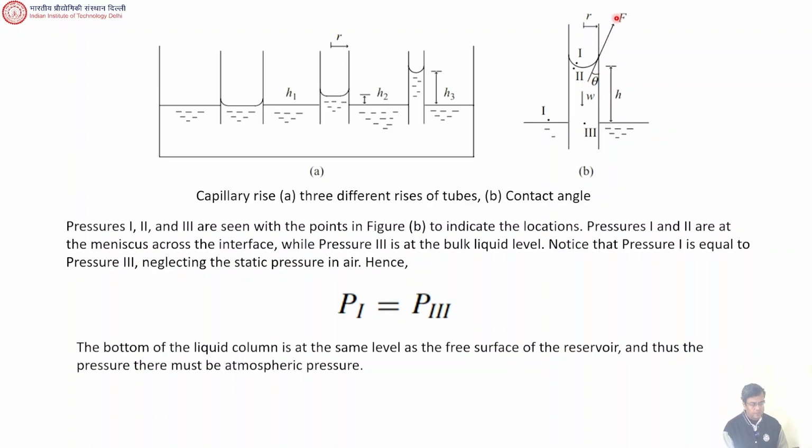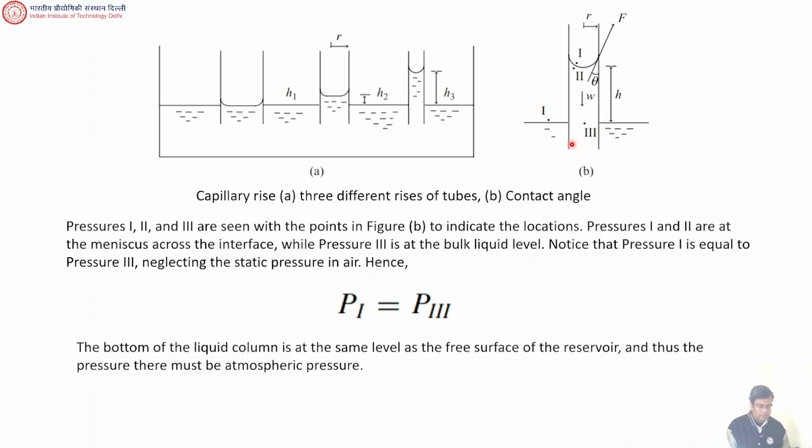What is this force? F. F is along the tangent to that curved surface, right? So this is due to surface tension, obviously. Now, we will also say that this radius is r. So r is not the radius of curvature of this curved surface. r is the radius of the tube. Okay.